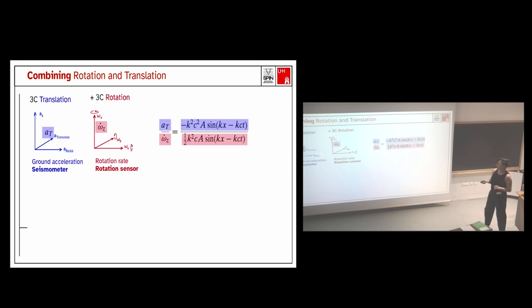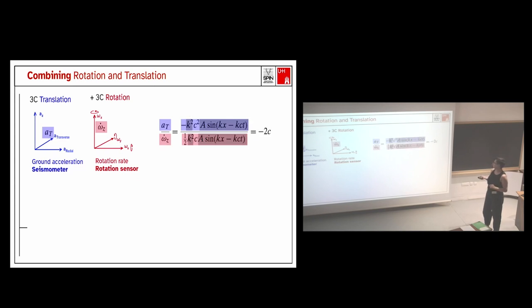We can then look at the transverse acceleration, so double time differentiation, and the perpendicular rotation to that, so the rotation around the vertical axis. Why those two? Because those two represent what a Love wave does, essentially. So a Love wave will have a transverse component on the translation motion, and it will have rotations around the vertical axis, right? So you can then combine the expression of those two and see what happens.